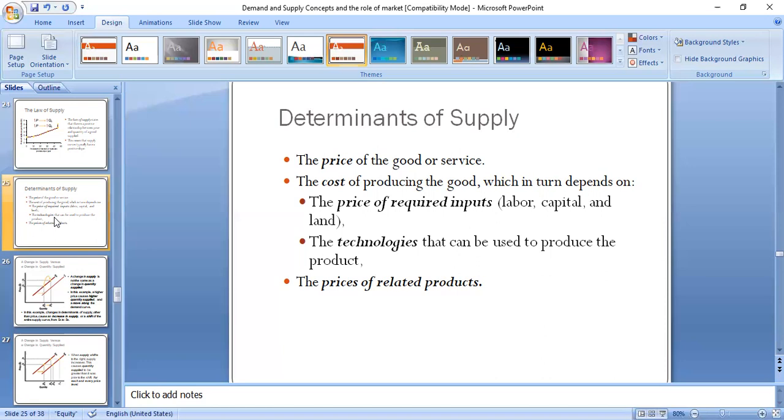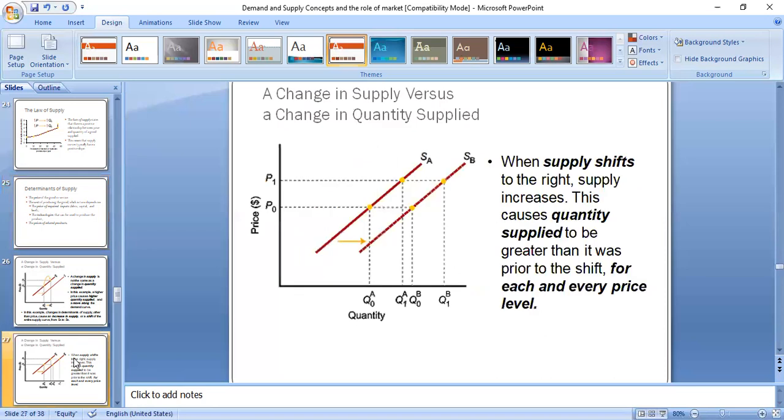If the price of a substitute good has reduced compared to the other substitute good, then less of that commodity will be supplied as per the law of supply.